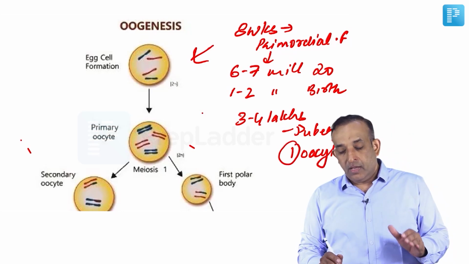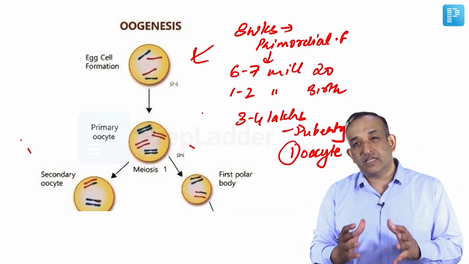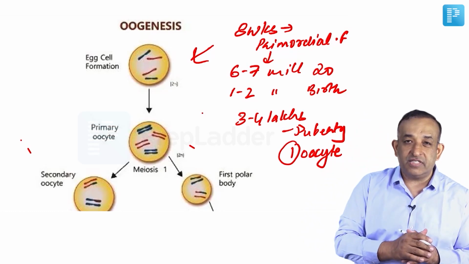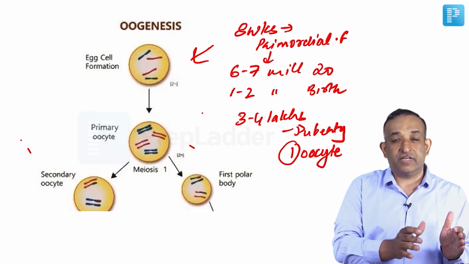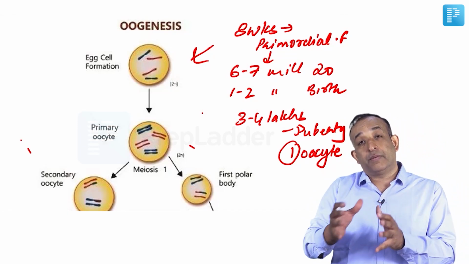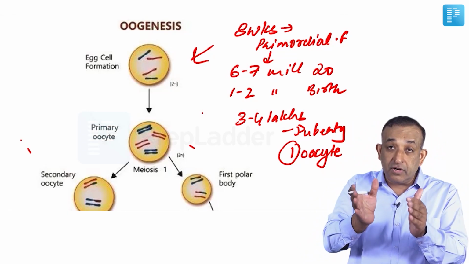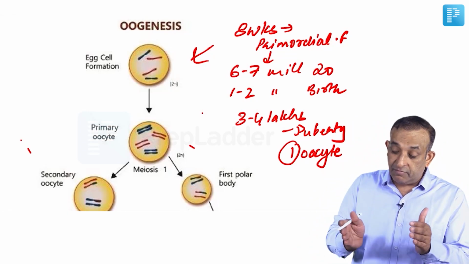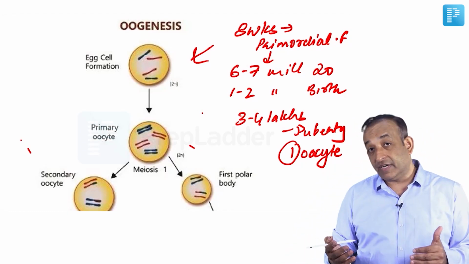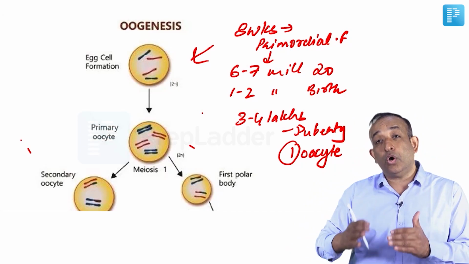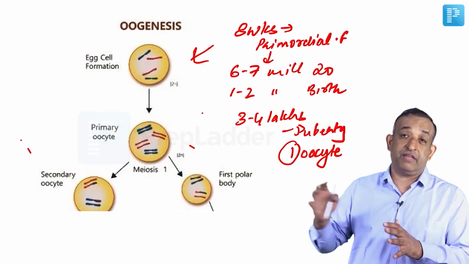This story was already discussed with you in the chapter of menstrual physiology in this app, but I am just revising here that from 8 weeks of intrauterine life onwards, the primordial follicles are made, and after 20 weeks these primordial follicles keep reducing. From 1 to 2 million at birth, there are only 3 to 4 lakhs at puberty, and every month only 1 will be released, with a lot of atresia of oocytes happening throughout the life of this girl.